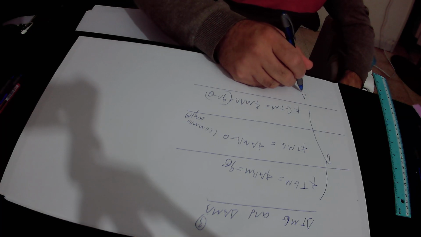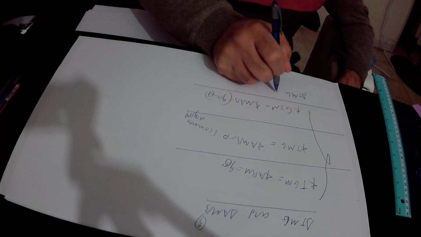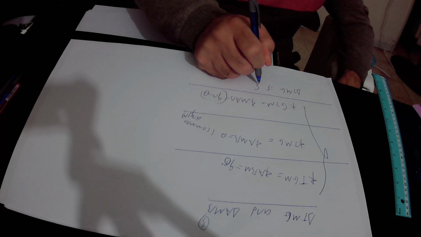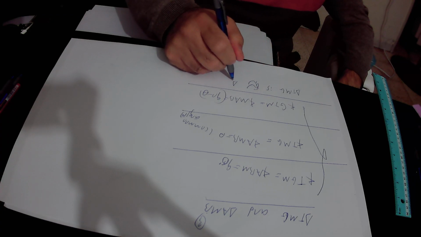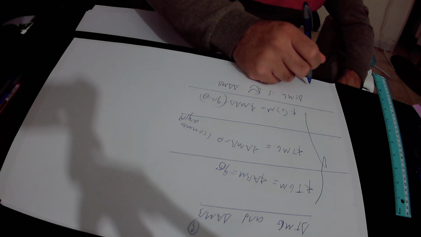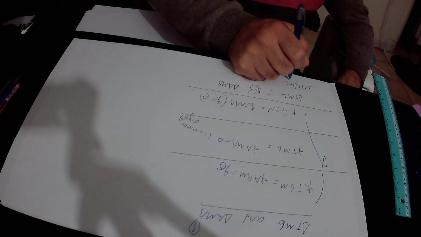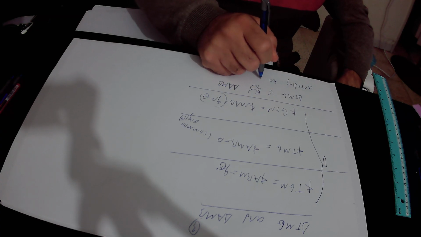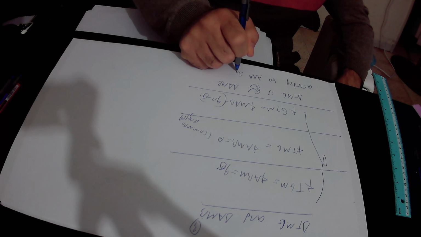The big triangle TMG is similar to the small triangle AMB according to the angle similarity rule.